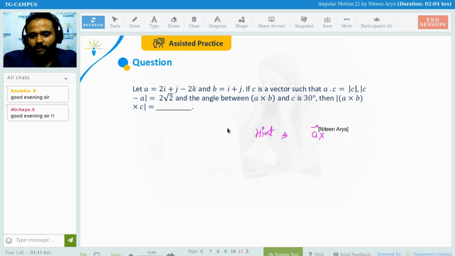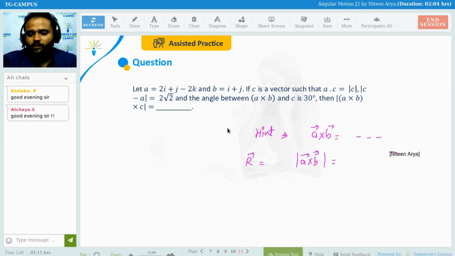So find A cross B, and then the magnitude of A cross B. Suppose it is R, with i, j and k components. So the magnitude is going to be Rx square plus Ry square plus Rz square. So you need to find this first.